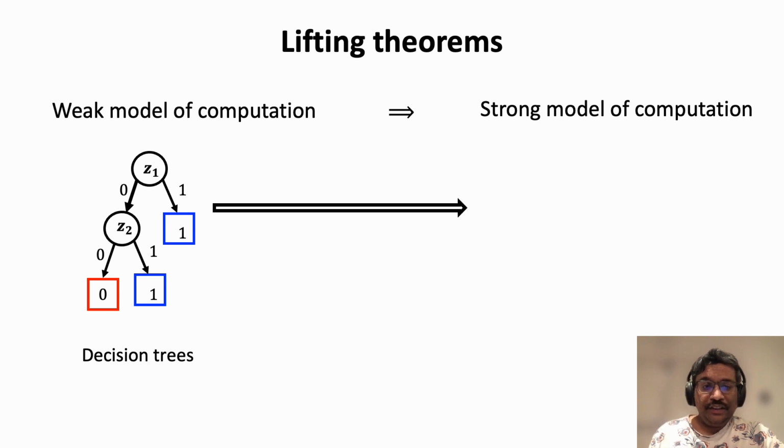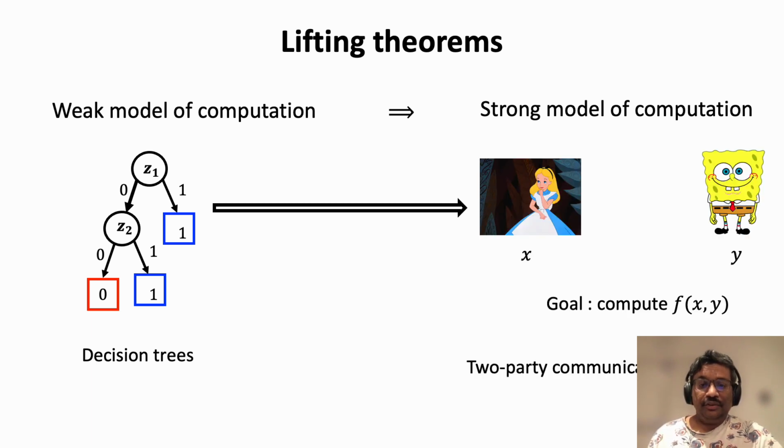And a lifting theorem translates lower bounds about a function being computed in such a weak model like decision tree into a powerful model of computation. Usually this powerful model of computation is the standard two-party communication complexity model that you may be familiar with. So in this setting, there are two players, Alice and Bob.